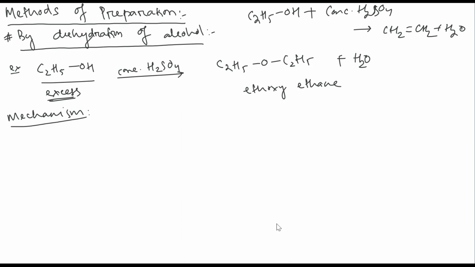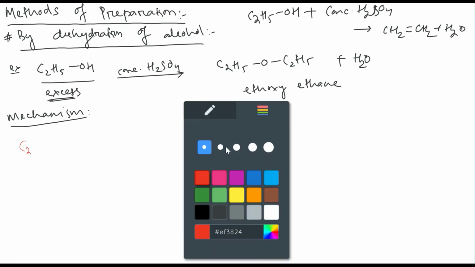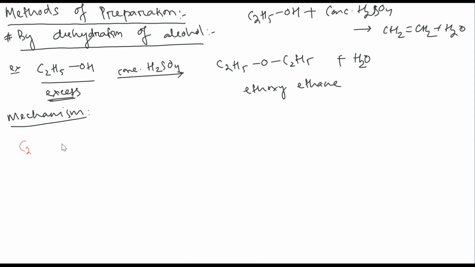First of all, we will start with ethanol, that is C2H5OH, as it is reacting in acidic medium. So the first step will be protonation of alcohol.